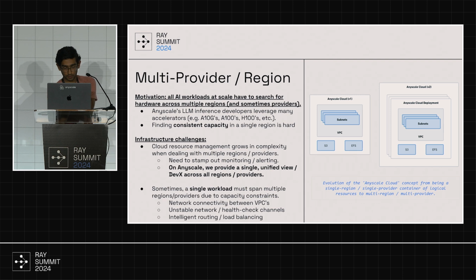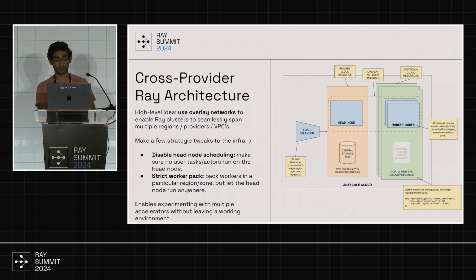Going a little deeper on that, sometimes a single workload itself needs to scale across the region boundary. Let's say that you're running this really big job, you're out of GPUs in one region, you need to burst to multiple regions. At this point, you need to take the Ray cluster itself and make that go across the boundary. And that's also something that we've done, where your head node might be running in US East 2 on AWS, and maybe you need this special type of GPU that's only available at the time in US West or US East 5 in GCP.